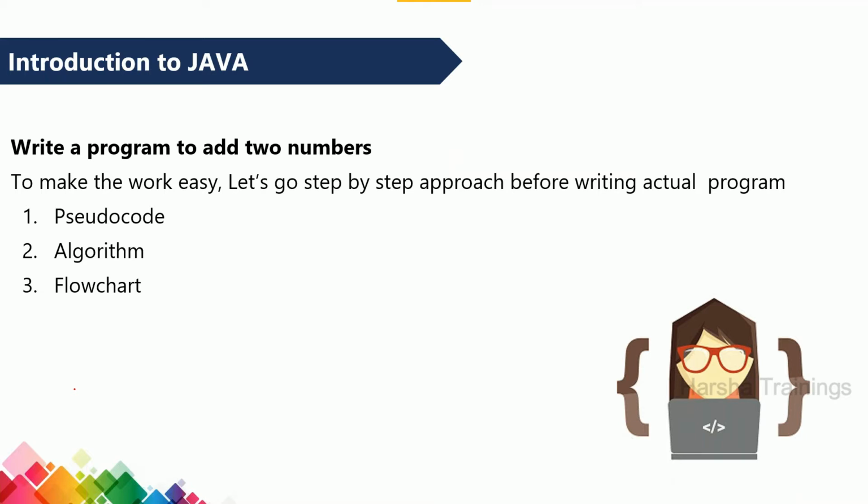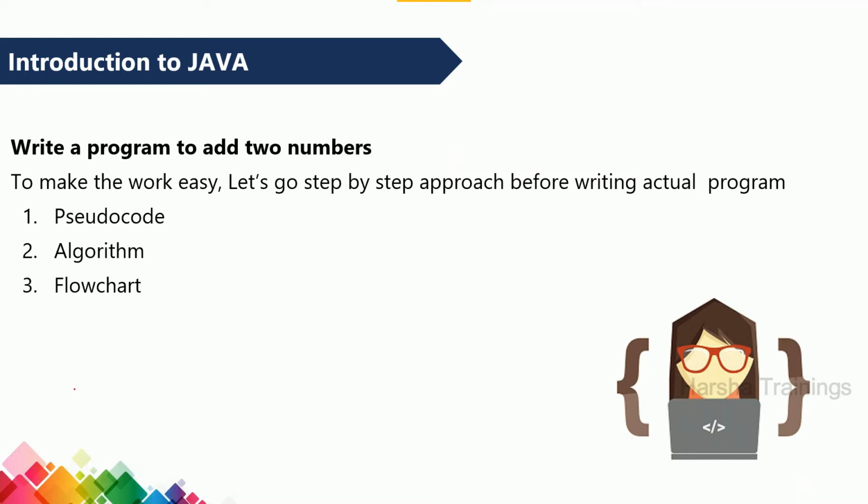What is an algorithm? In simple terms, a step-by-step procedure for solving a problem. Suppose I give a problem to you. How do you solve the problem? This is step number one, step number two, step number three. If you write in stepwise sequence, that is called an algorithm.